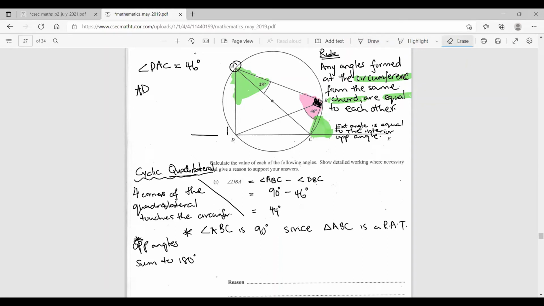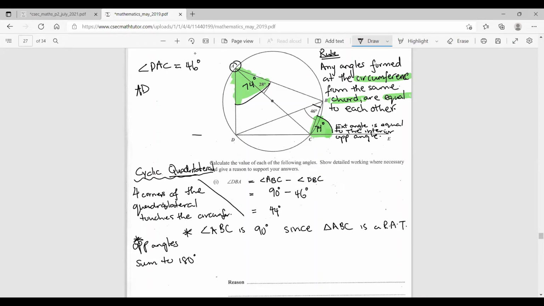So back to the question itself. We could have just said, because up here is 74 degrees in total, outside here is 74 degrees in total.